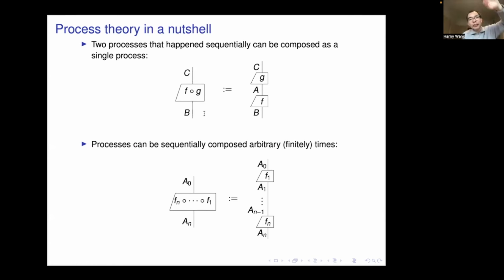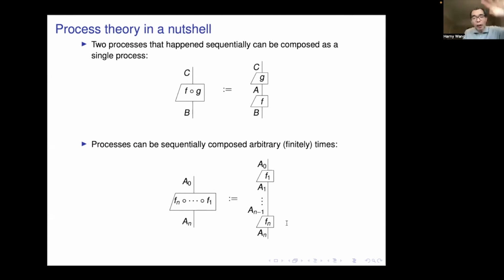But of course you can do it an arbitrary number of times, I mean finitely. If you have n processes, F1 to Fn, that happen one after another, then you can compose them together.